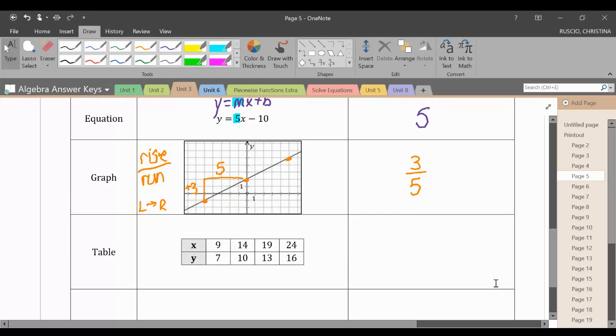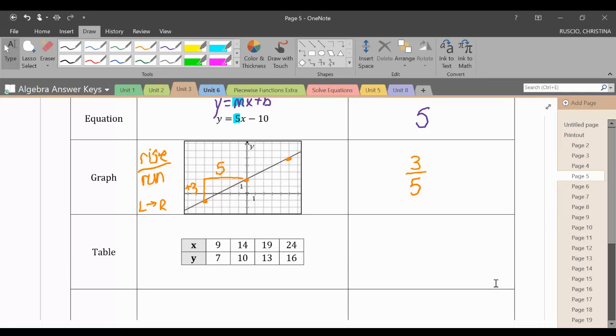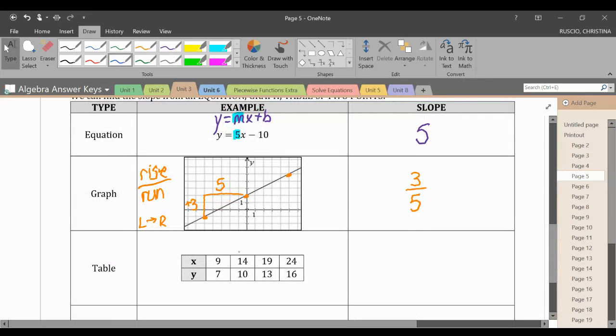Okay, when we're looking at a table of values, we are going to do the same thing. So we're going to be thinking of rise over run, and we want to find the x change and the y change. So let's go through and figure out, how did we get from 9 to 14? Well, if you thought we added 5, you are correct. How did we get from 14 to 19?